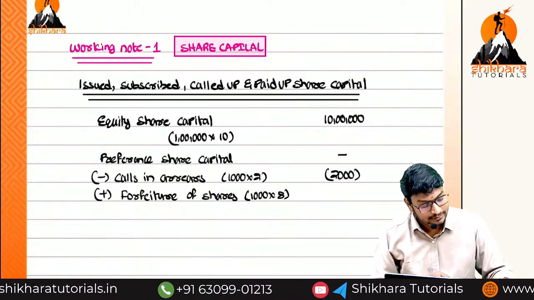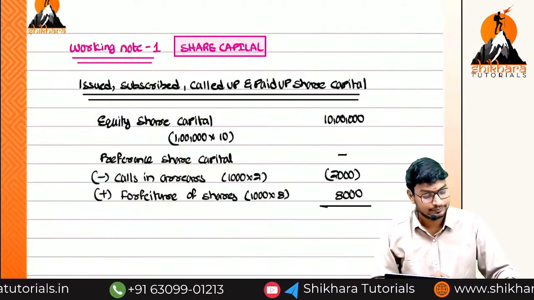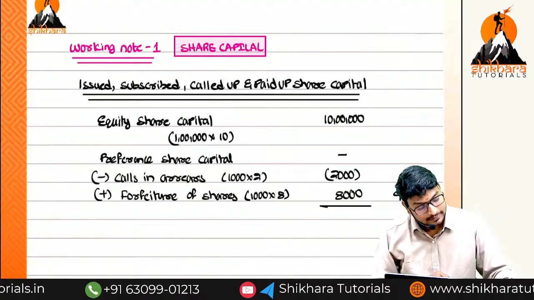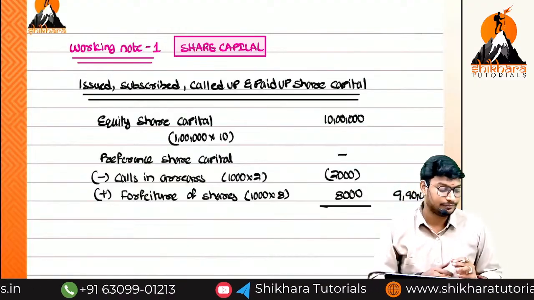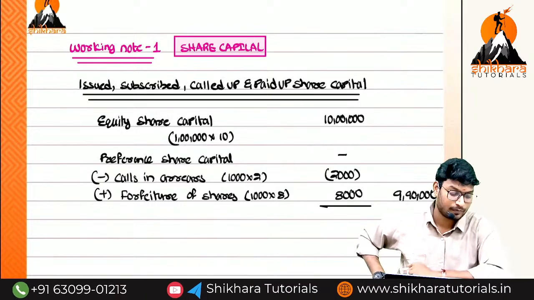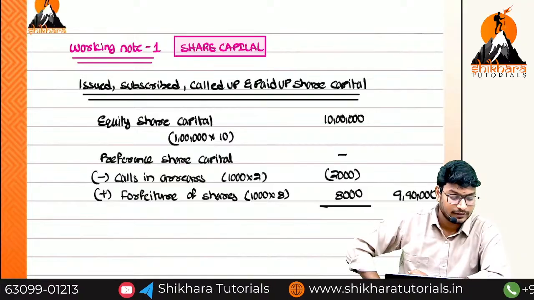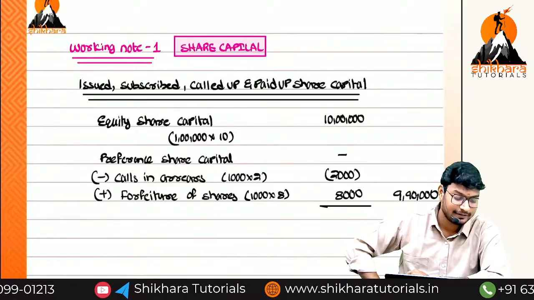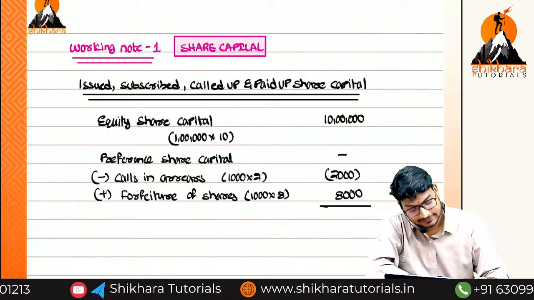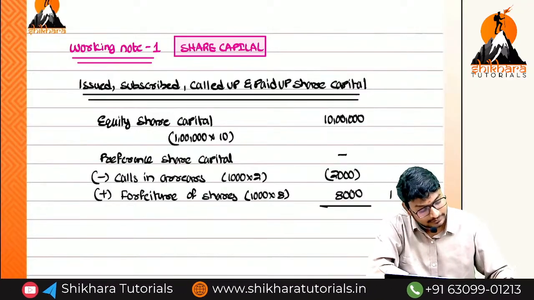So 8. That is equal to how much, ma? 8,000. What is the total amount? 9,90,000. Right? 9,90,000. 10,06,000.